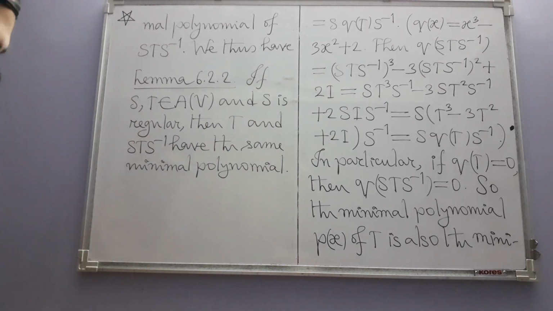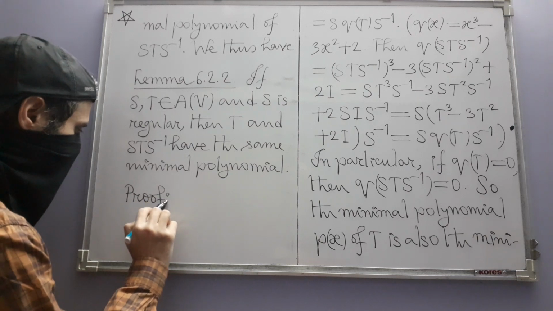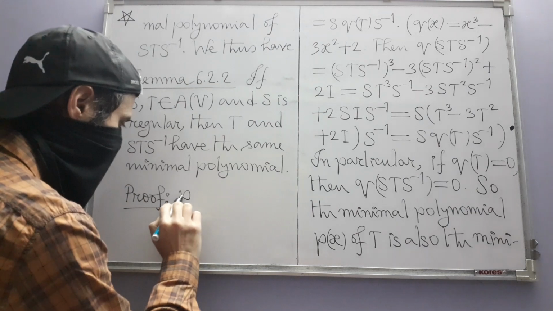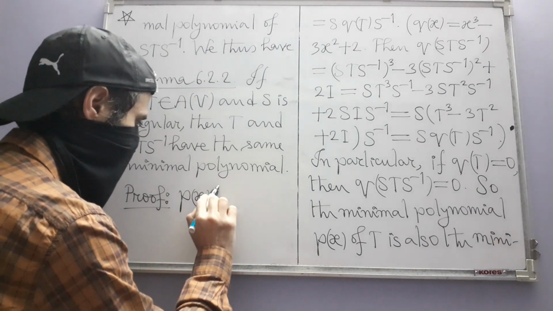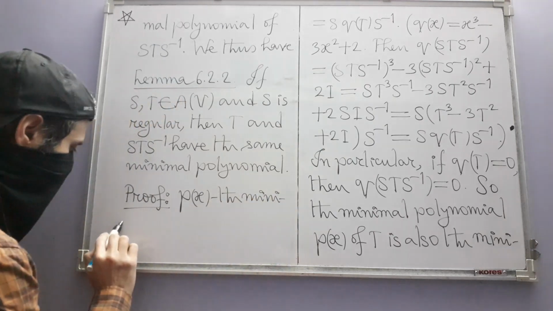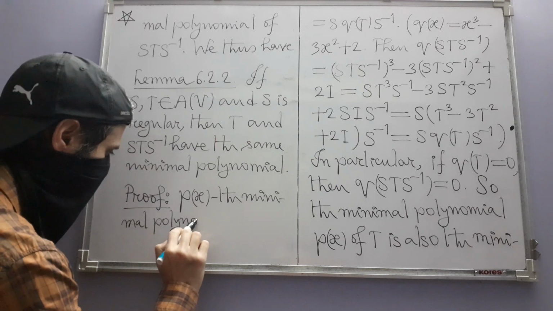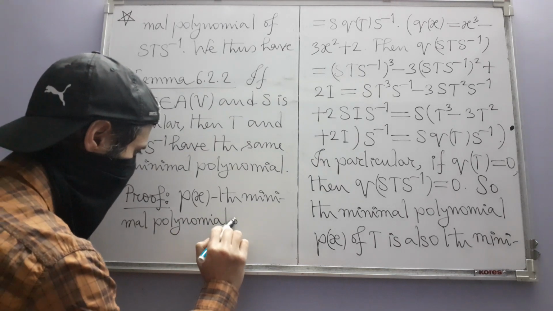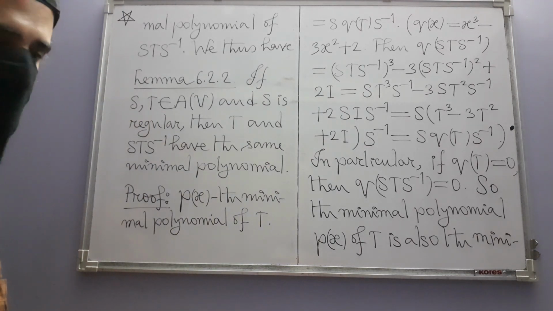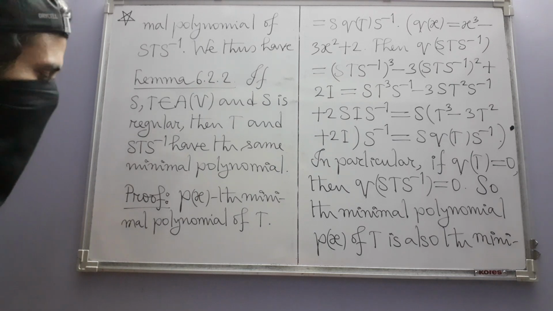Let us write a proof of this. In the proof, we are going to simply write the main steps. Suppose P(x) is the minimal polynomial of T. Okay, so we are not formally writing anything, we are just simply going to see how the proof follows.